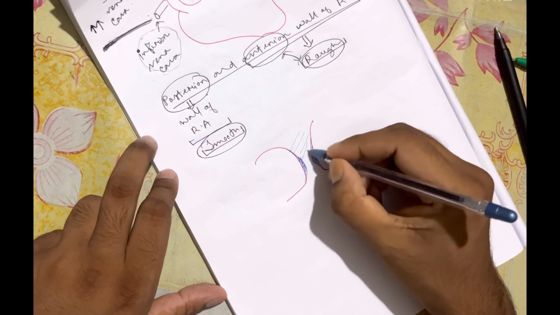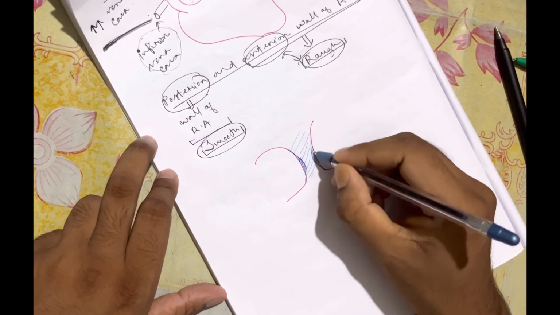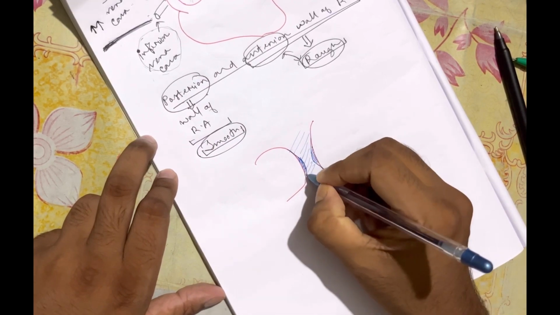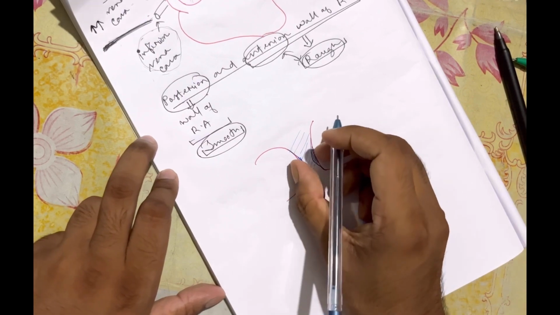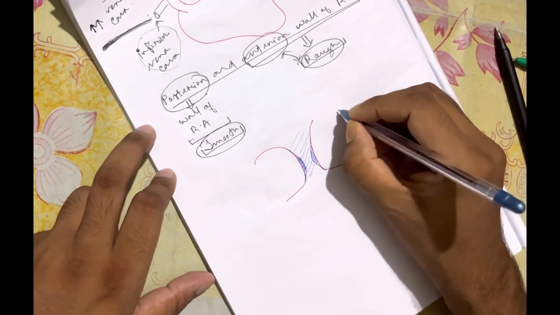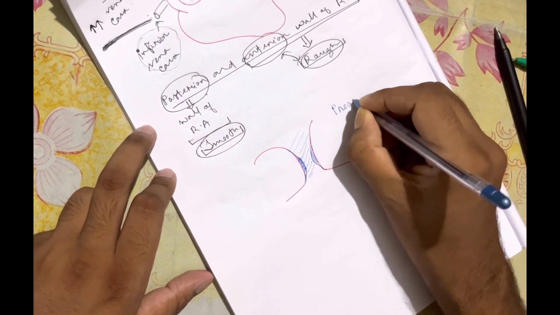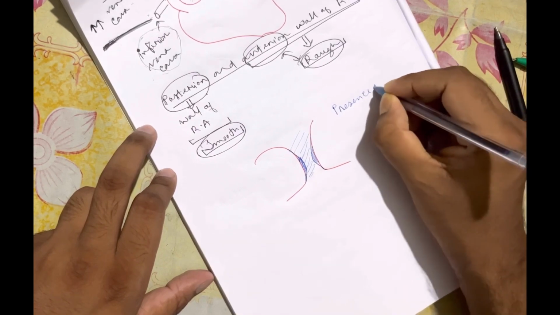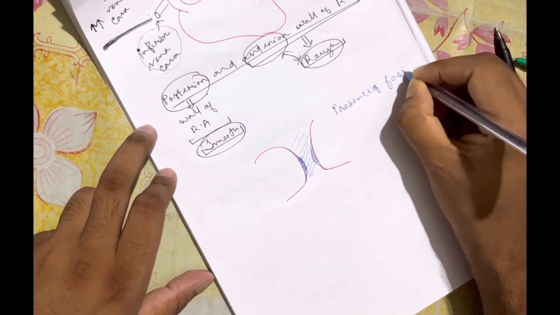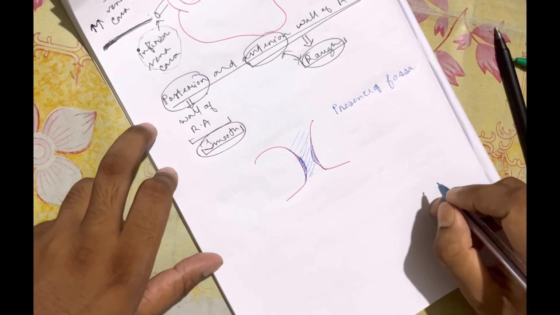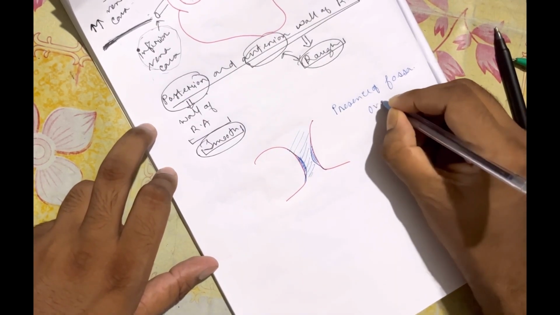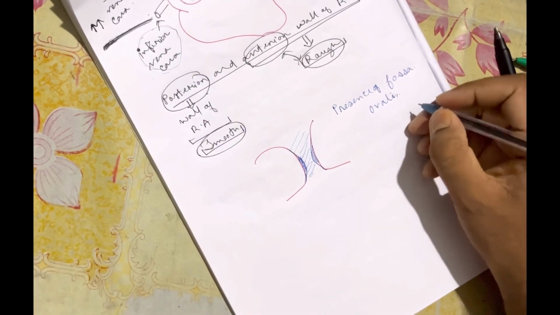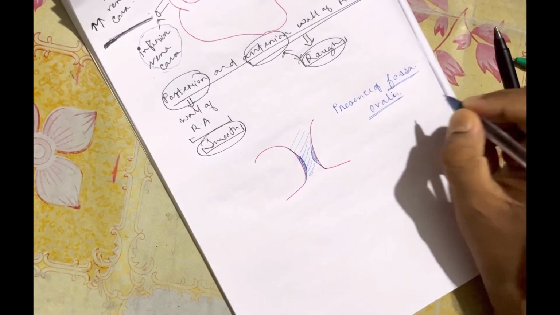The middle of the septum is quite depressed. Why is it so? Because of the presence of the fossa ovalis. So what is the fossa ovalis?